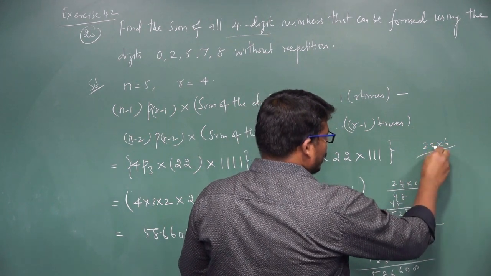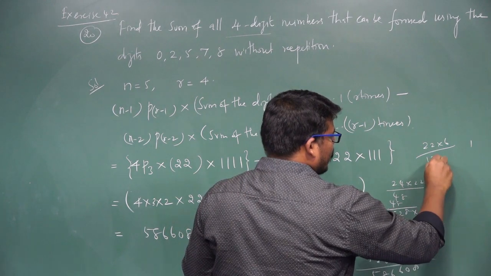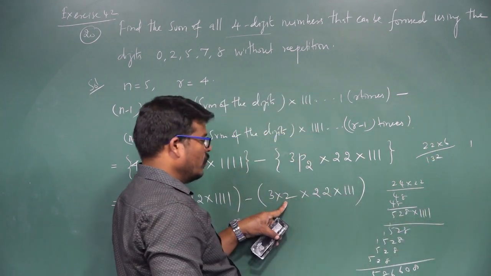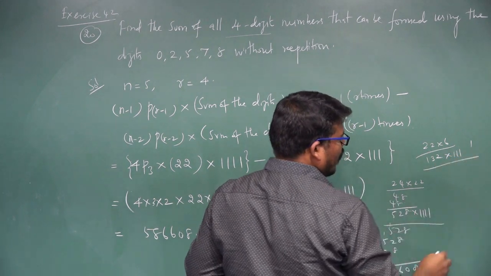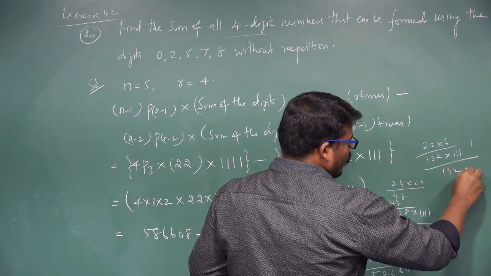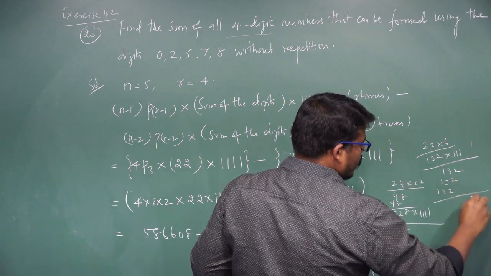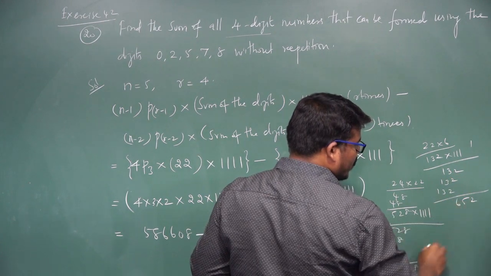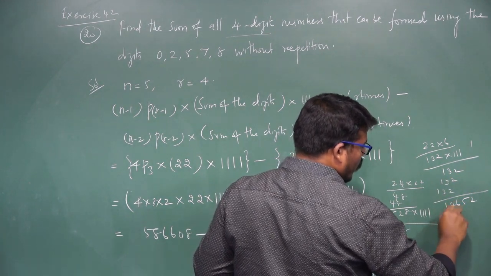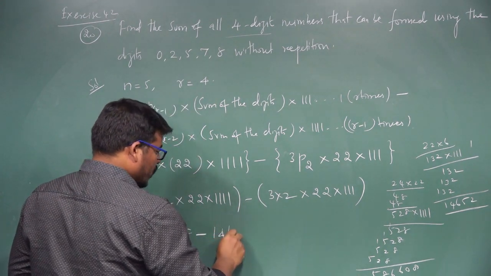22 into 6: 6 2s are 12, and carrying gives 132. 132 into 111 gives 14652.